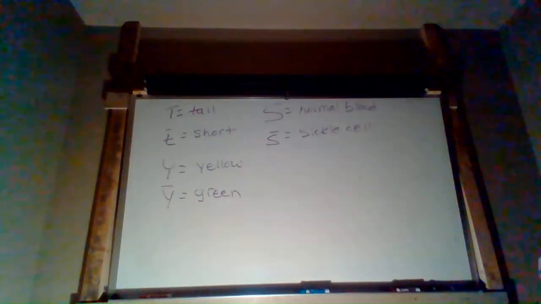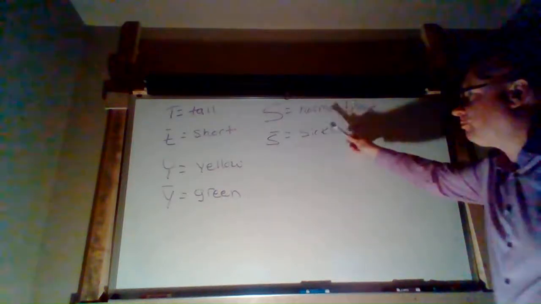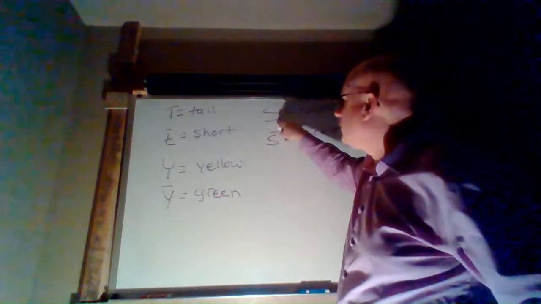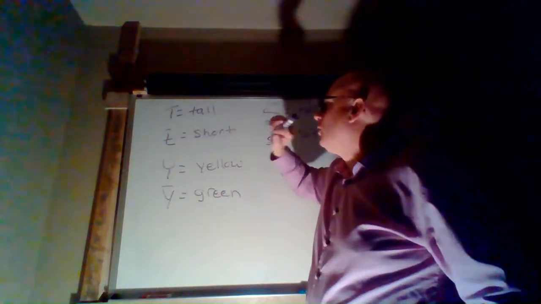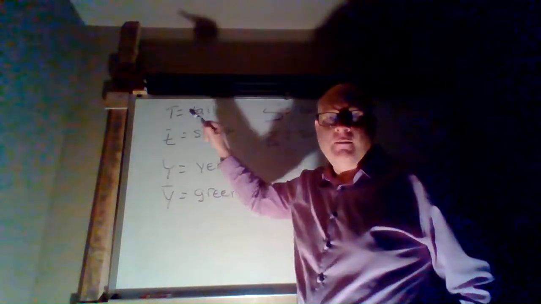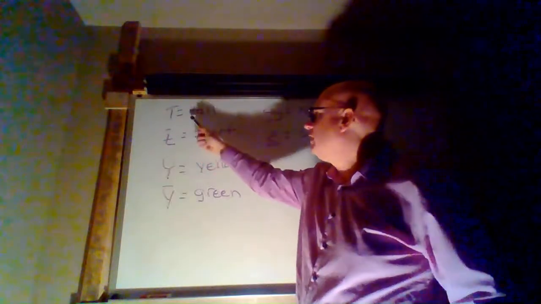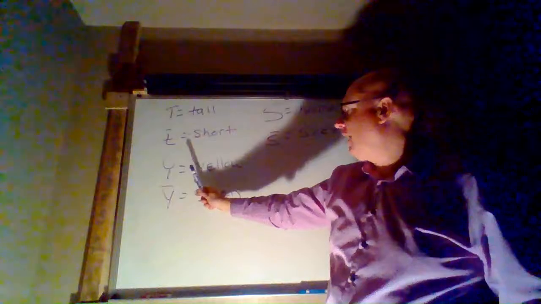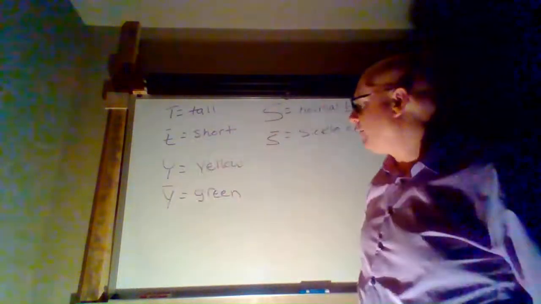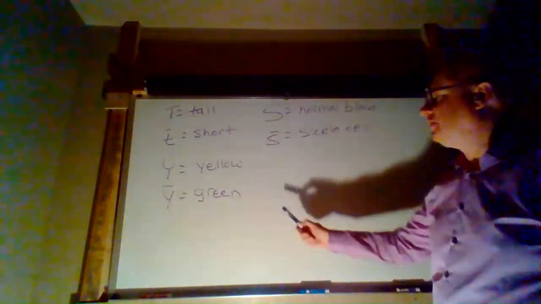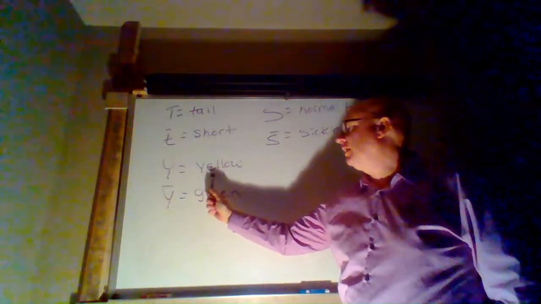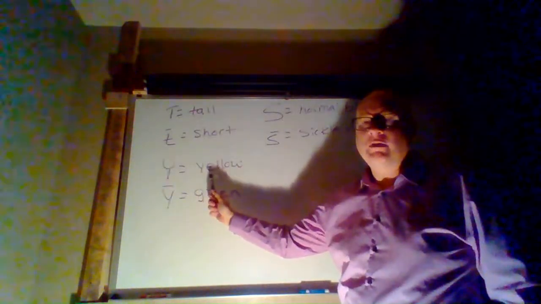So recessive and dominant traits. That's what we see up here. Anytime you see a capital letter, that's going to be a dominant trait. So in completely dominant crosses, anytime you see a capital T, a plant's going to be tall. You see a capital Y, the pea color will be yellow in a pea plant.